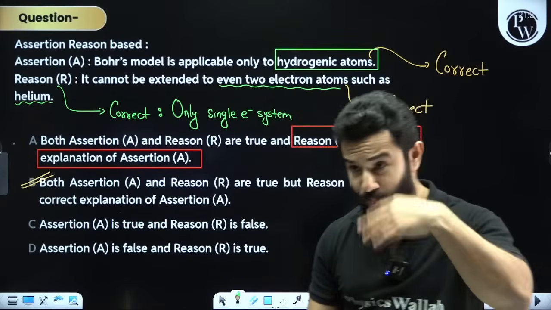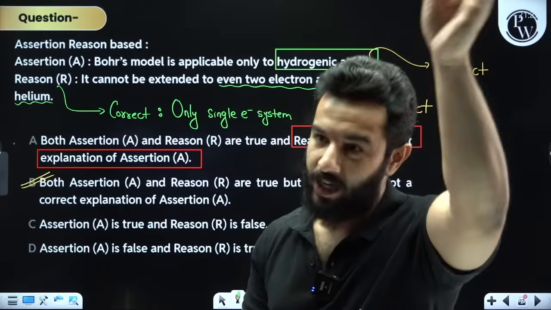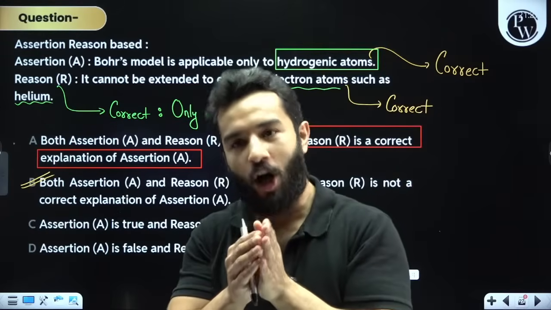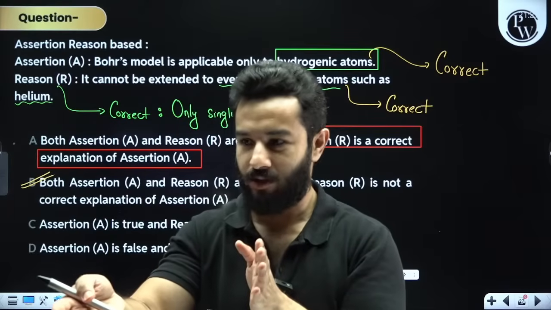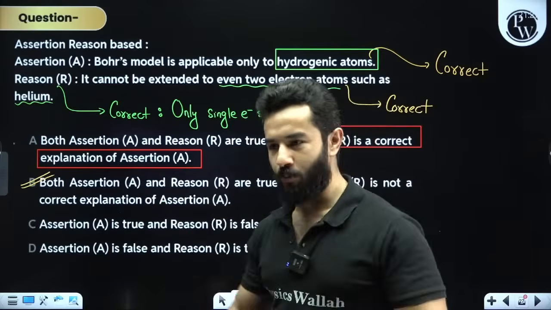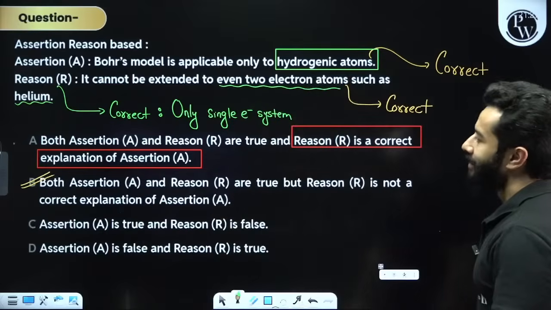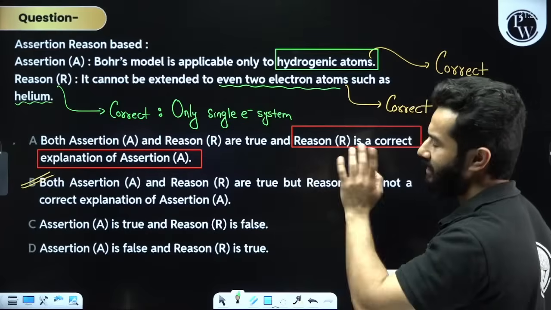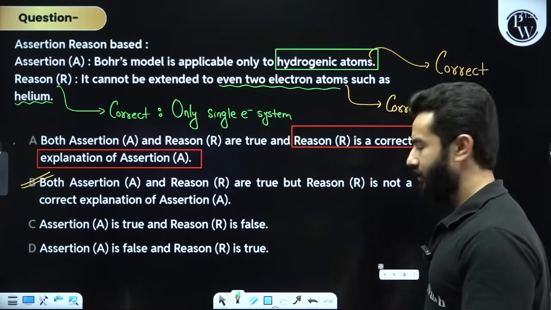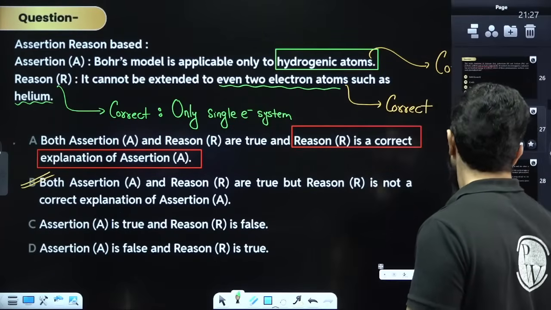But it's not explaining why it is only valid for hydrogenic atoms. The reason could be that the Bohr model is not for complex electronic systems. That could be one of the reasons according to me. There is a slight doubt, but I think the reason is not a correct explanation, though both of the statements are correct. Clear?